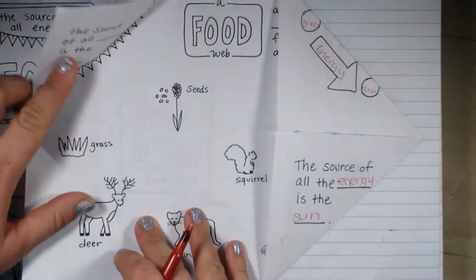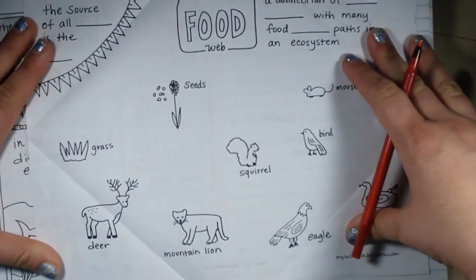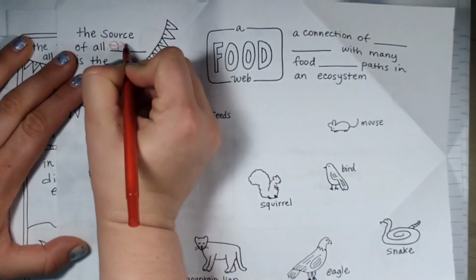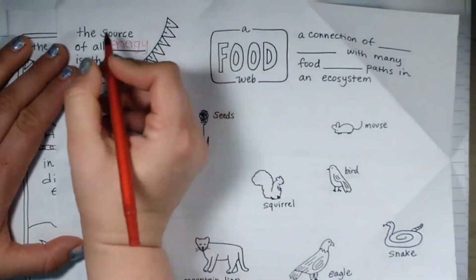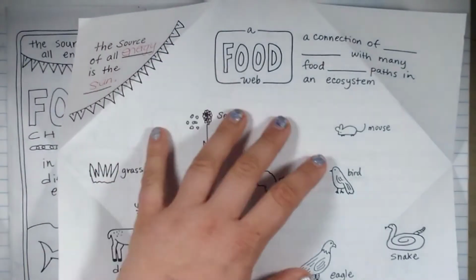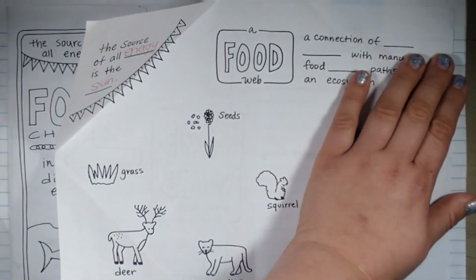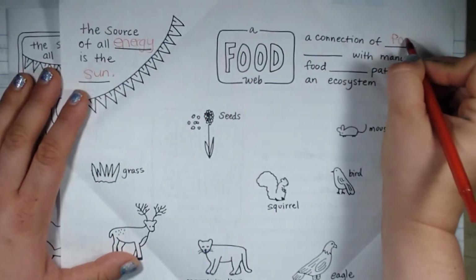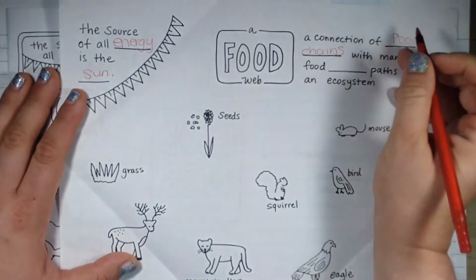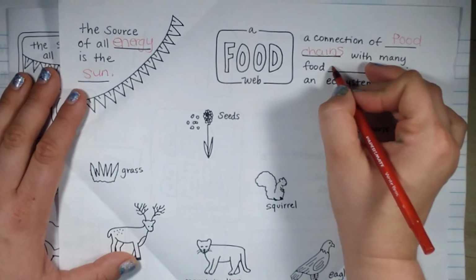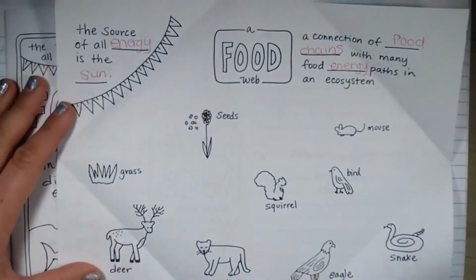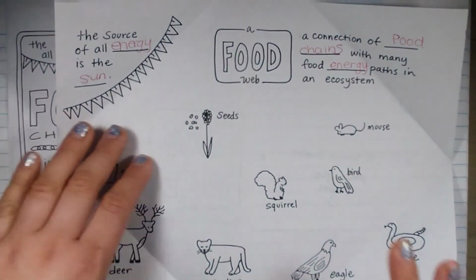So I'm going to open it up and we're going to say it again. This is important because I've said it a lot. The source of all energy is the sun. A connection of food chains with many food energy paths in an ecosystem is what a food web is. So we have this here.